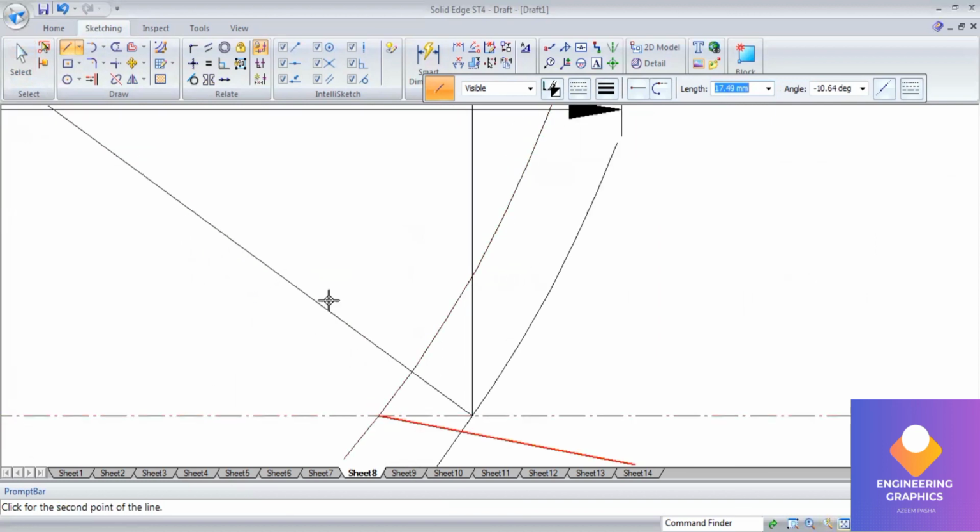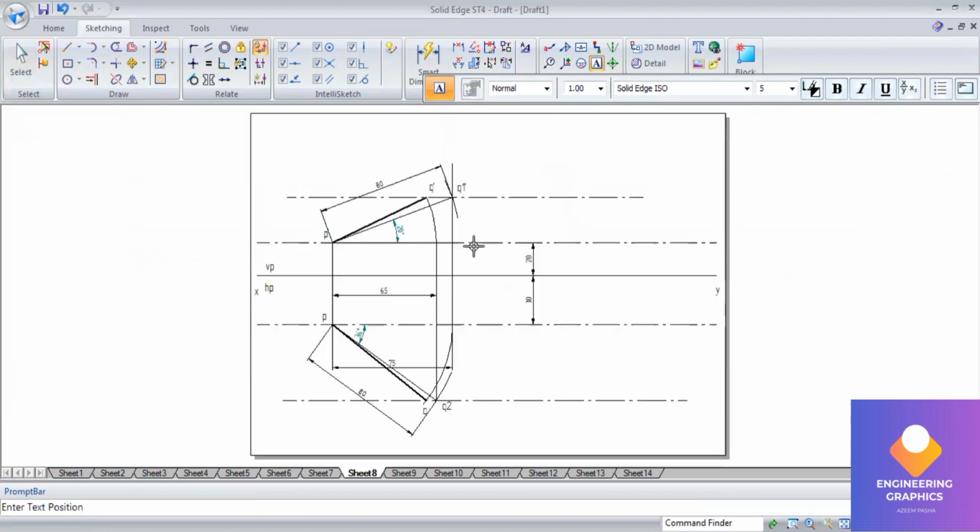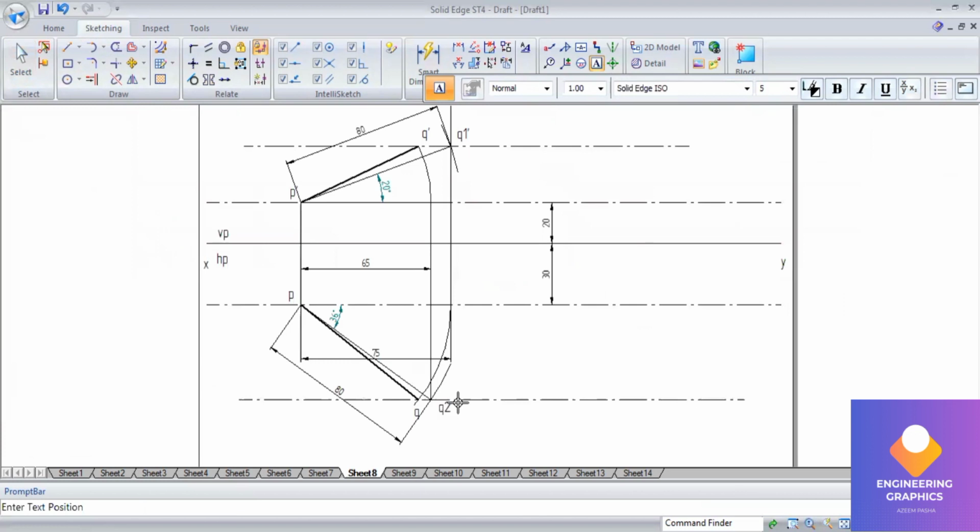Now we have to find out the lengths, so you can mention here. This is P, this is PQ2, that's the true length, and this is PQ, this is the true length. Now we have to mention the angles. The true length in this problem I have considered 80 mm.